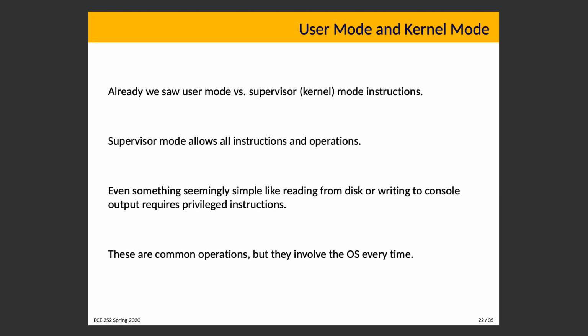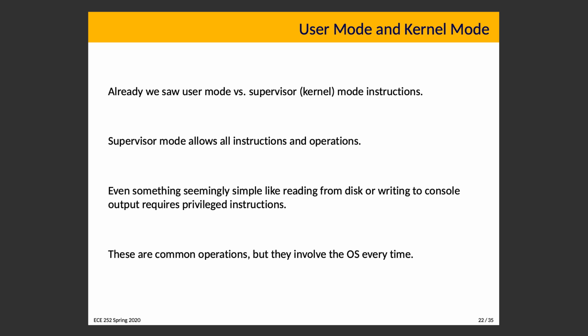However, sometimes we intentionally want to use the trap to get the operating system's attention. I've already introduced the idea previously of user mode versus supervisor mode, or kernel mode as it's sometimes referred to, instructions. And the kernel, if we haven't gone over it previously, is the core of the operating system. It's the center part, the most important part.